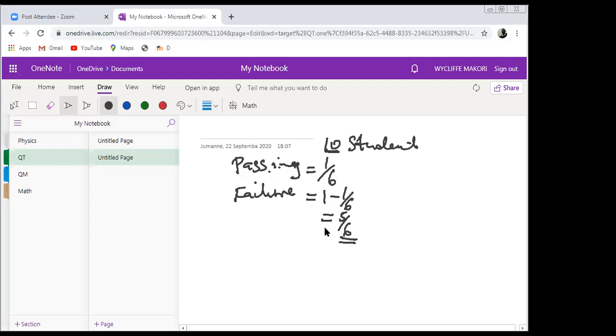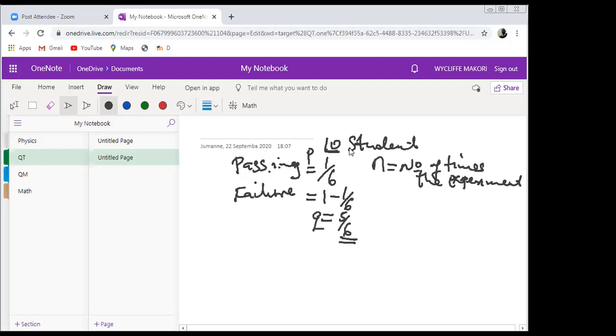So this is our Q, and this is our P. The number of times, in this case, because we have 10 students who are going to sit for the exam, the 10 is normally denoted by N. N is the number of times the experiment will be repeated.